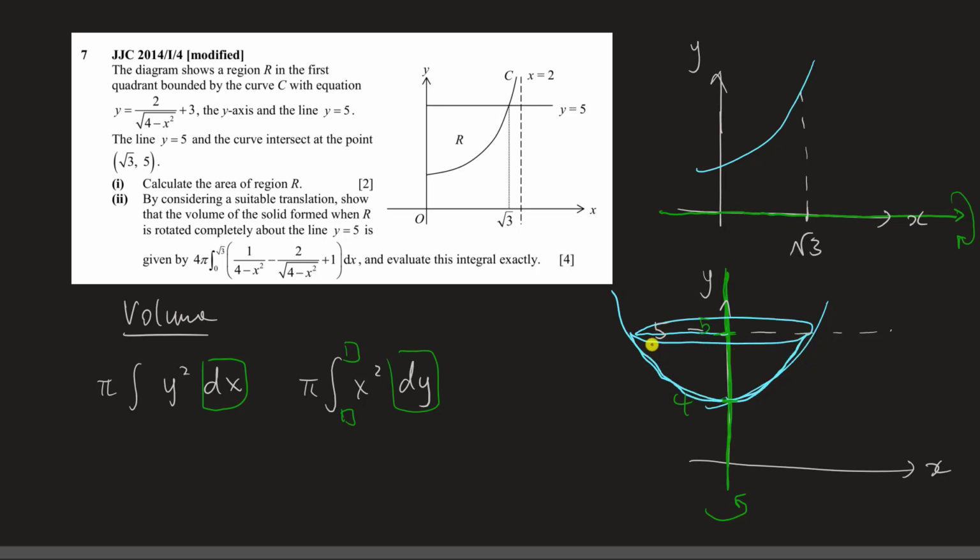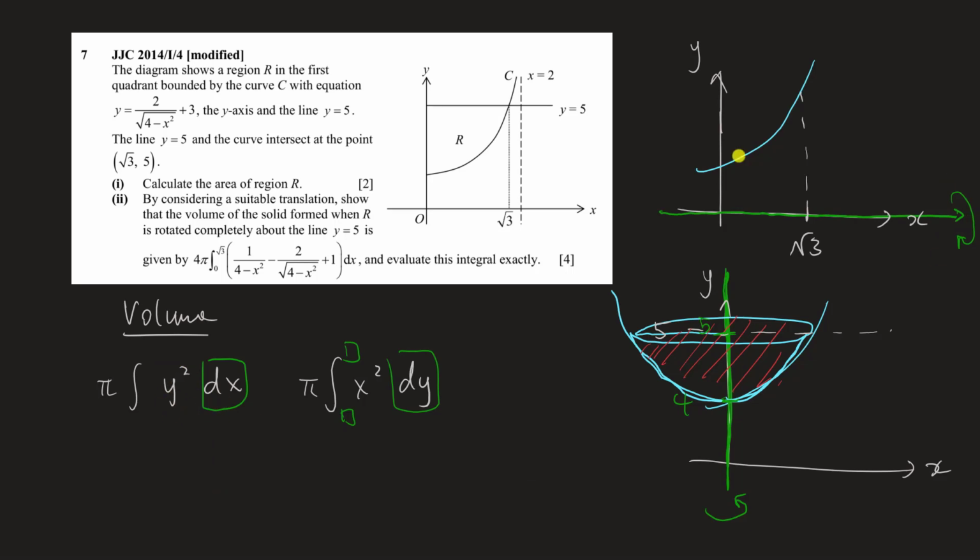It's like a bow. So this red color is the resultant shape you will get. It's like this kind of shape. And let's take a look at the first equation. What kind of shape will we be getting if we spin the y square with respect to x?